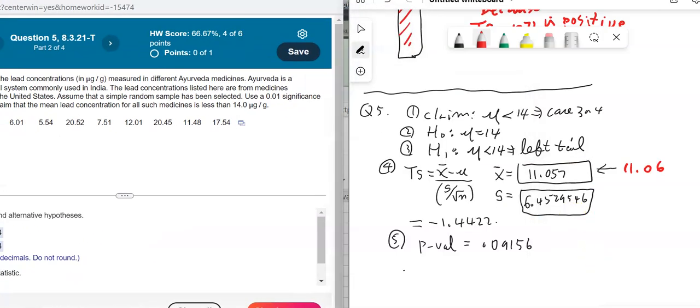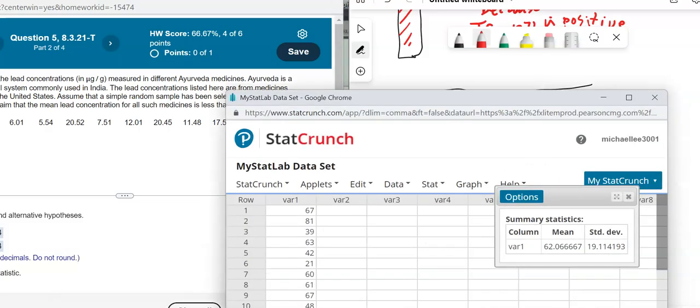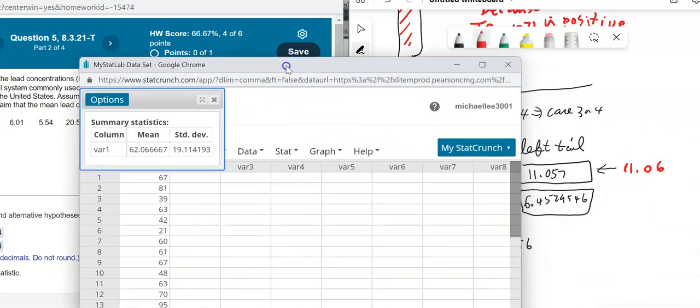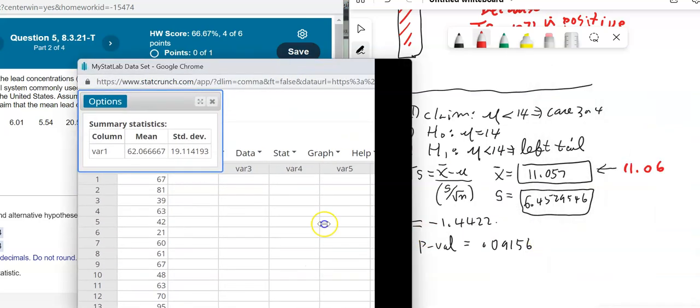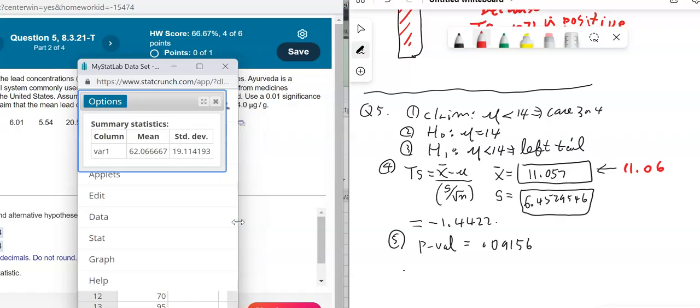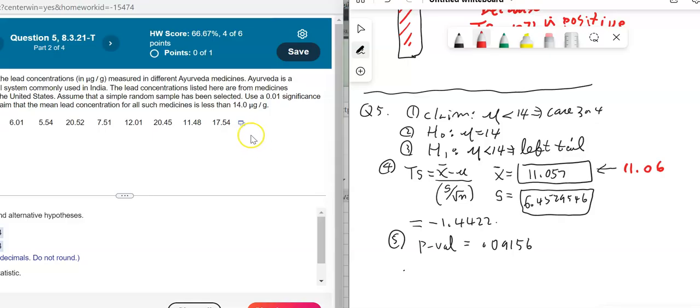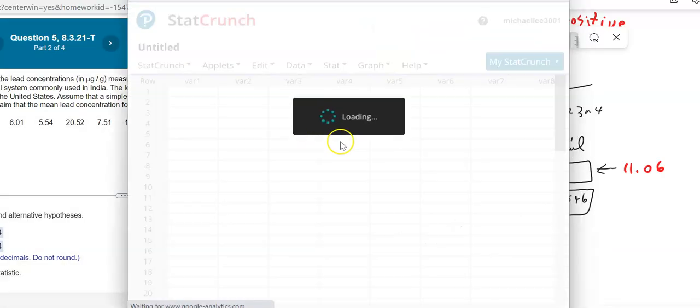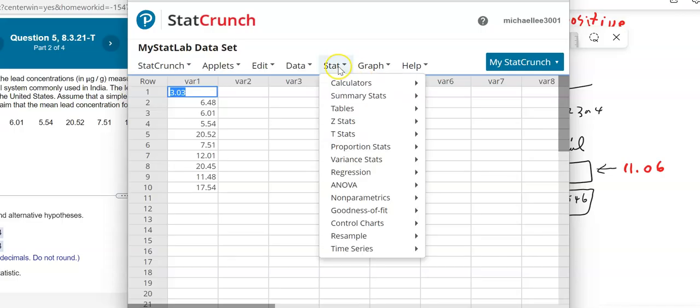Mean is 11.057. Where was it? Right here. I don't need to see that big. I hate this.